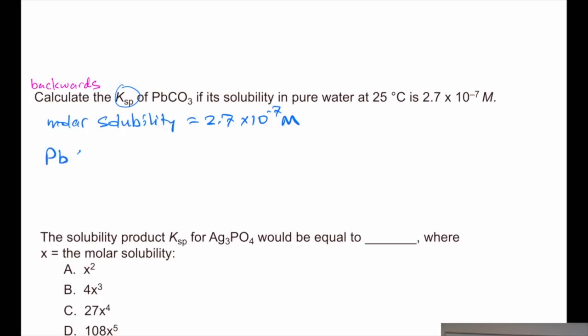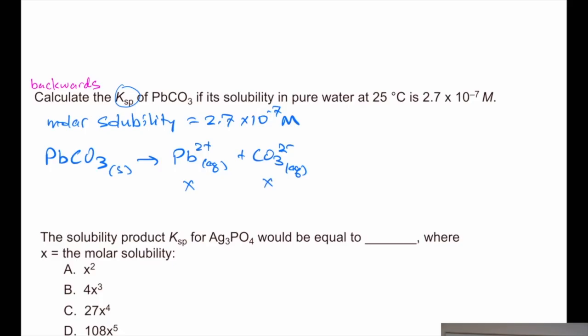So write out what it dissociates into when it dissociates into its ions. We've got lead 2+ in aqueous solution and the carbonate ion. If you didn't know that it was lead 2+, you've got to know your polyatomic ions, especially the common ones that we use all the time. Carbonate is a 2 minus. So this is going to be an x and an x.